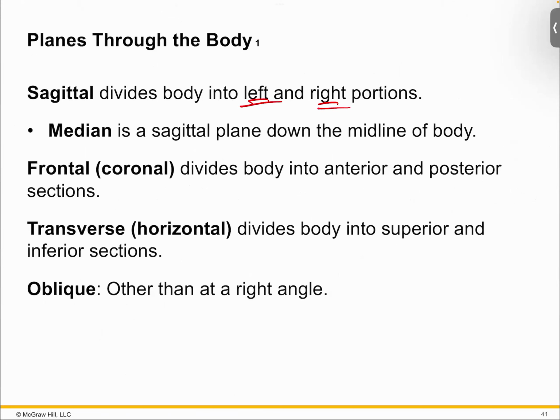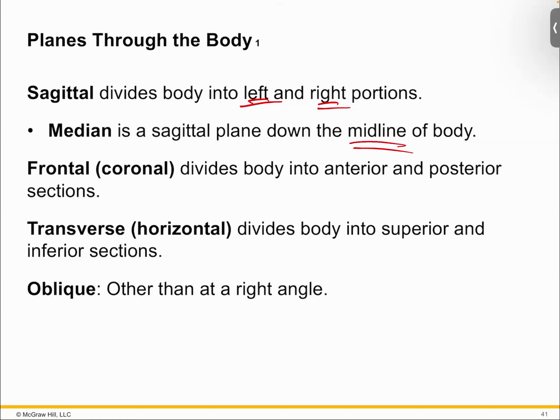And that's true for anywhere you cut. It doesn't have to be down the midline. It can be anywhere. Typically, the mid of the sagittal plane is your median or the midline of the body. So generally speaking, we usually think of cutting the body down that midline or down the median.